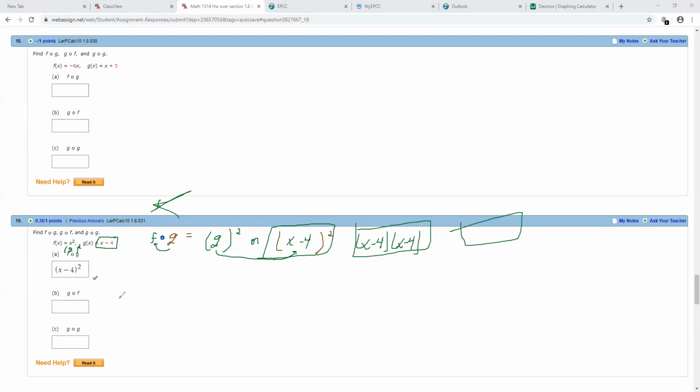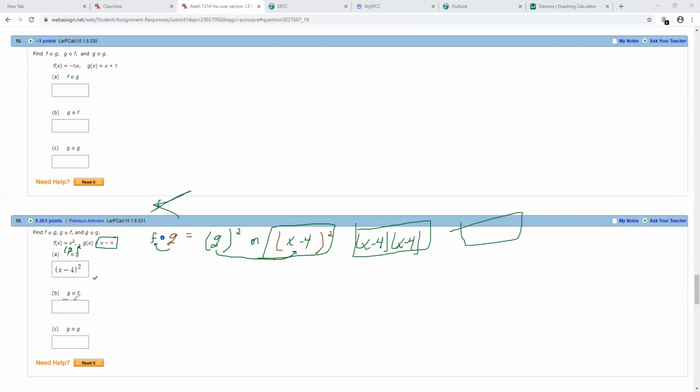Now, what about this one? Let me just pick some colors here. So let's say this one's blue and this one is, whatever, brown. Oh, I just used brown.